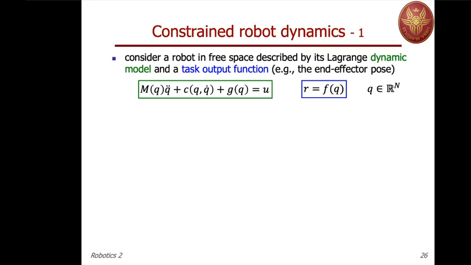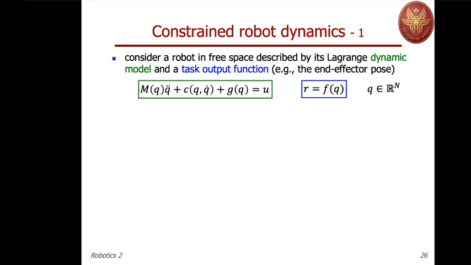So let's start with this general formulation. We have our dynamic model, M of q, q double dot, C of q, q dot plus G of q. Again, we neglect any dissipative terms, so on the right-hand side we have only the applied torque by the motors at the joint.